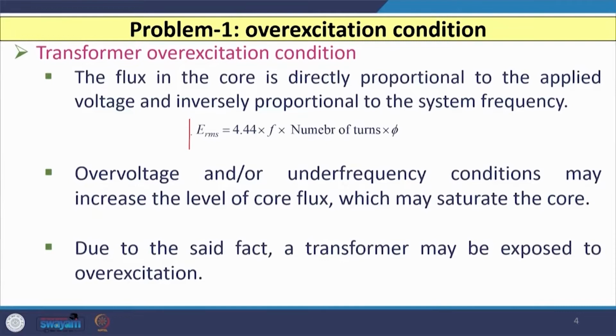The flux in the transformer core is directly proportional to the applied voltage and inversely proportional to the frequency, and this can be seen using this equation.